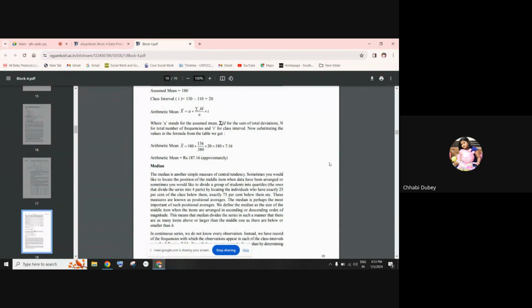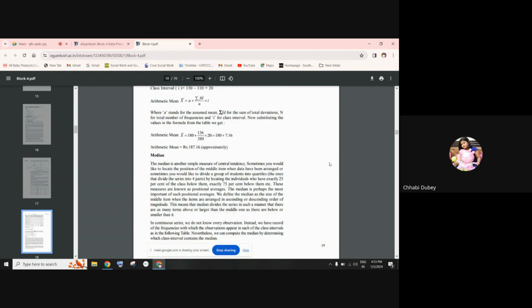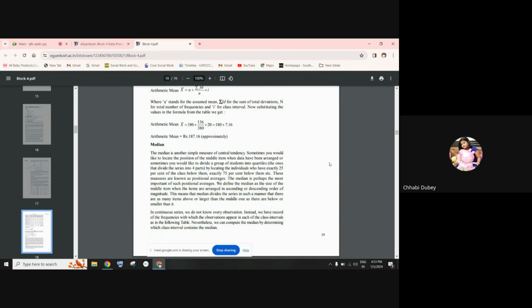Now, after the arithmetic mean, we come to the median. Median is also a very interesting and a very simple measure of central tendency. It is simply the middle position, you can say the middle item when data have been arranged in a particular manner. This is perhaps also the most important of all the positional averages that we have talked about till now.